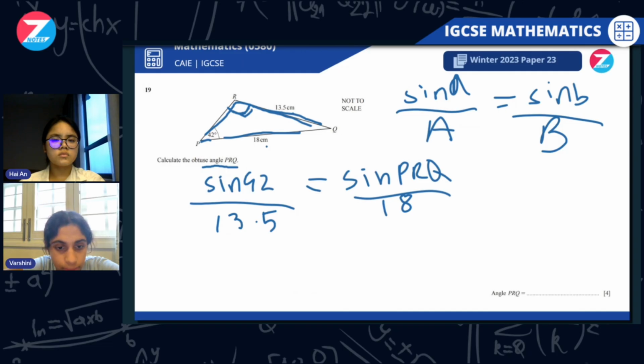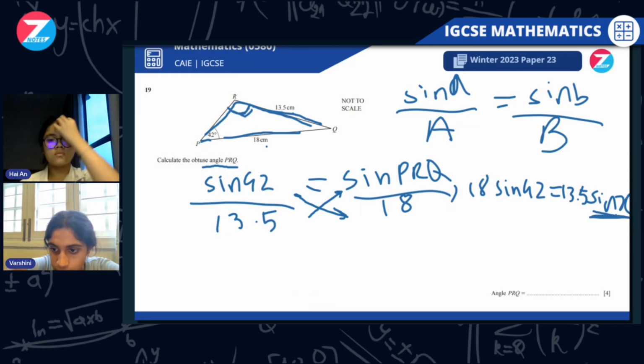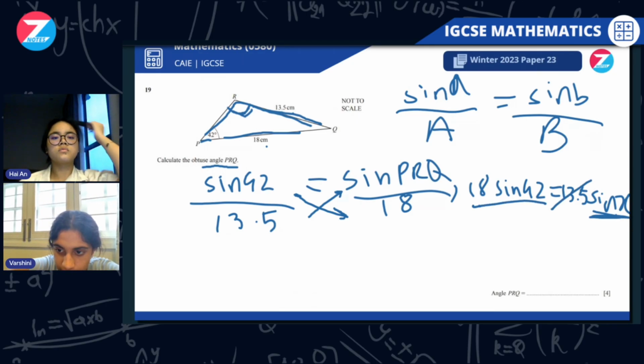Now let's cross multiply these, since it's a fraction. That means 18 times sine 42 is going to give us 13.5 times sine PRQ. So 18 sine 42 equals 13.5 sine, we'll just call it x for now, and we want sine x to be the subject of the formula, so we divide by 13.5.